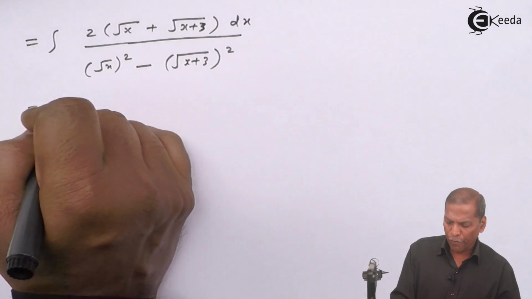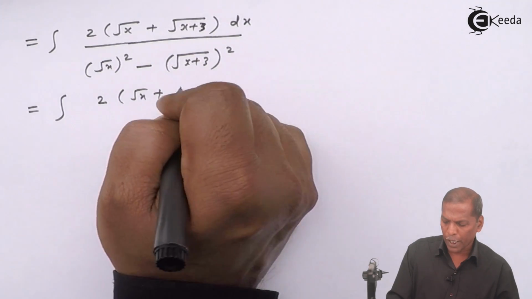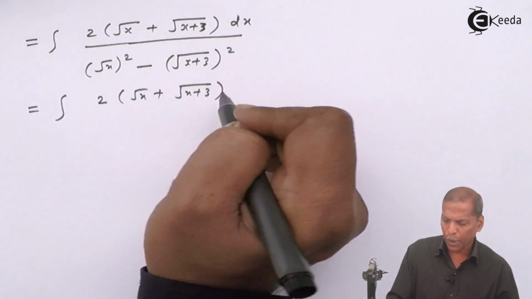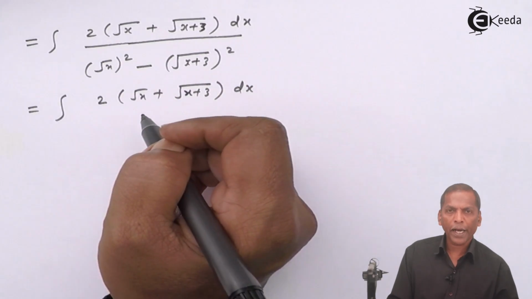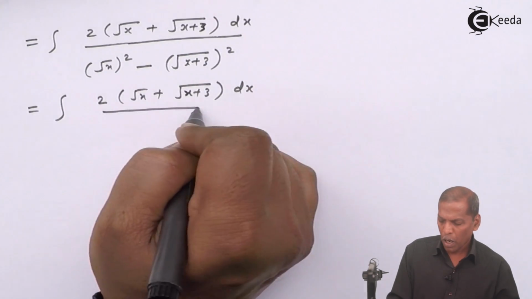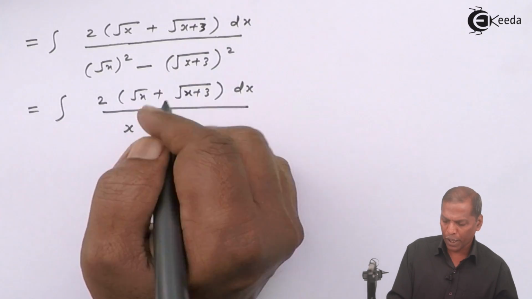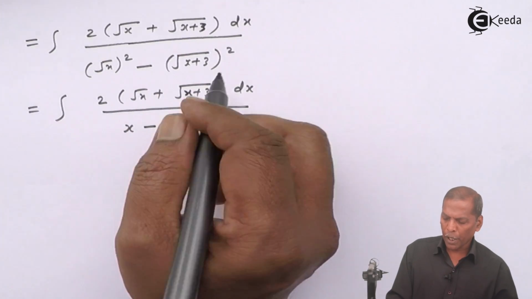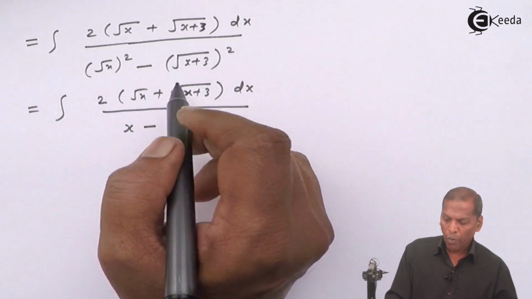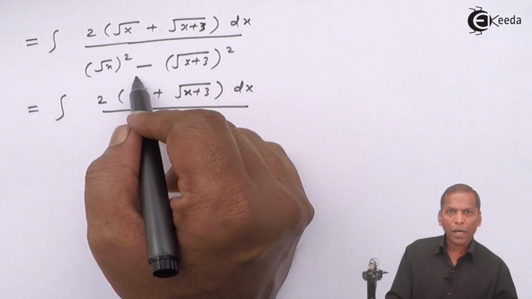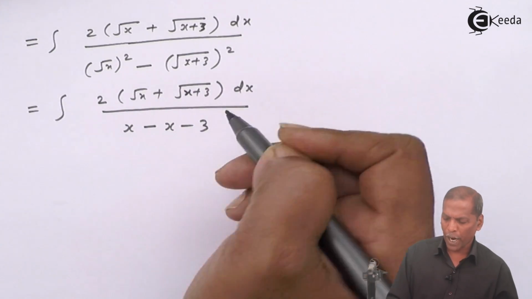Now on simplifying further we get 2 bracket root x plus root x plus 3 into dx. The numerator we write as it is, upon, now square and root cancel, we are left with only x, then minus, again square and root cancel, so we are left with x plus 3. But here the middle sign is a minus, so on simplifying further we get minus x minus 3.